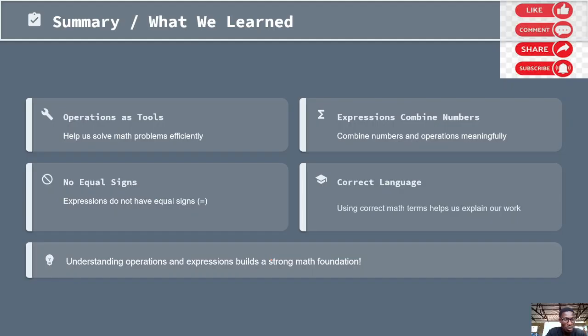And then we also established that using correct math language helps you explain your work clearly to teachers, to classmates, even to yourself. So keep practicing and identifying expressions and operations in your exercises or your daily life. The better you get at these basics, the easier all other math topics will be.